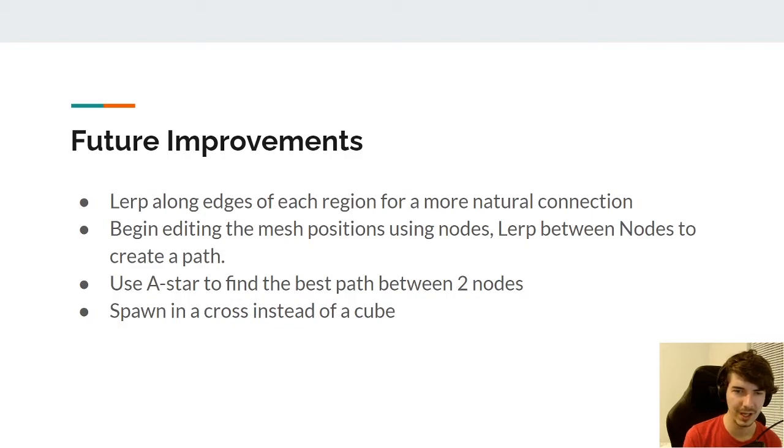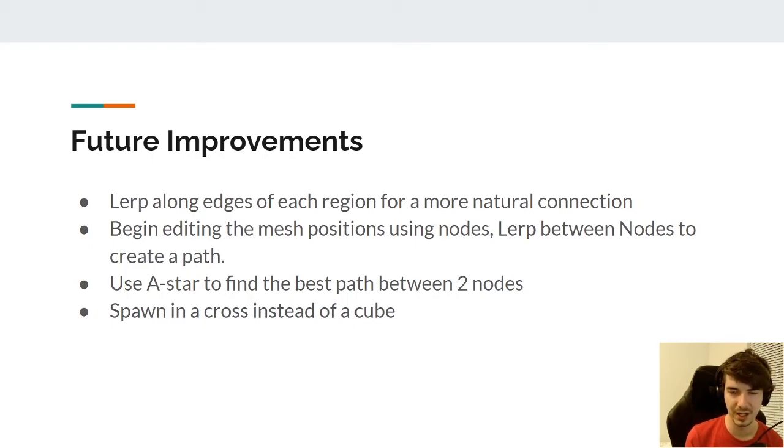We could begin editing the mesh positions using nodes, and then lerp between different nodes to average out a path between them. We could use A-star pathfinding to select two nodes and create a pathway that spans between them.